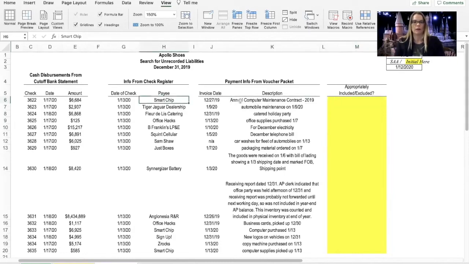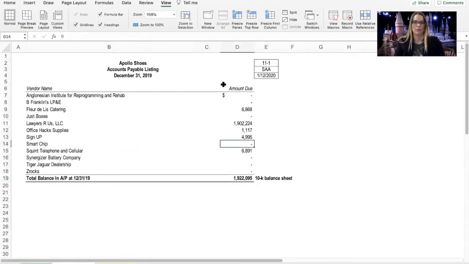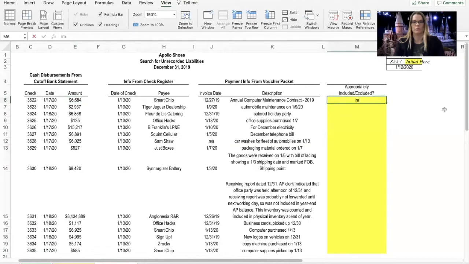So I'm going to look for this amount, Smart Chip, 6684. And I see Smart Chip, there's nothing recorded. Okay, so this is going to be improperly excluded from AP as of 12/31/19. So that would be something that I would want the company to add to its accounts payable balance at year end. Okay, so that's basically what you do.